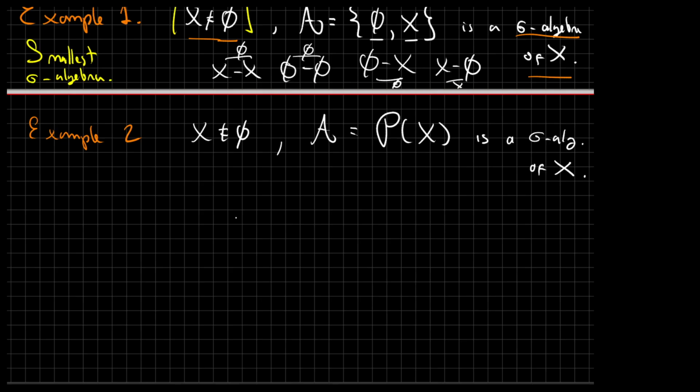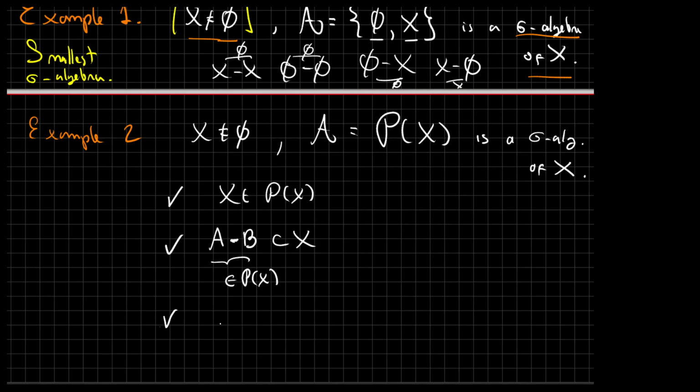And why is that? Well, of course X is an element of the power set, so the first property is met. Then for every difference of elements of the power set, the difference is also a subset of X, so this is an element of the power set, and so the second property is met.